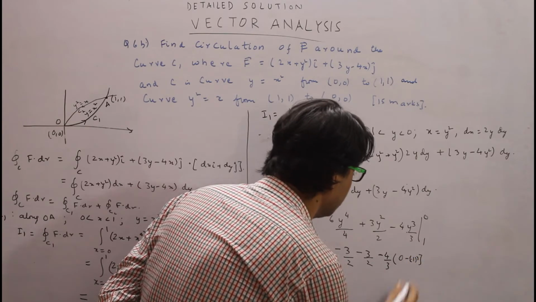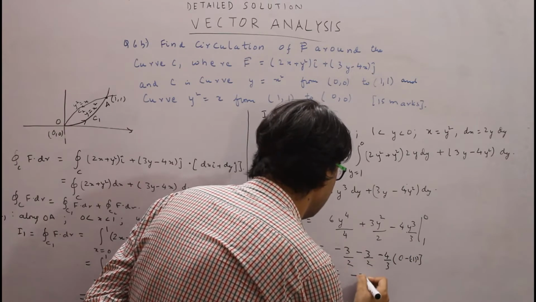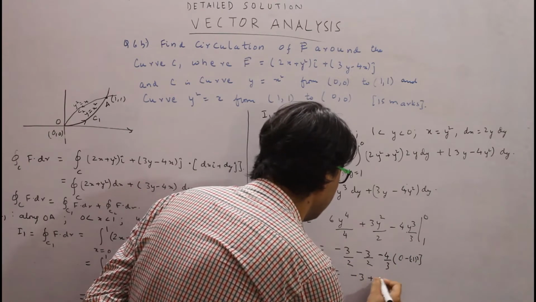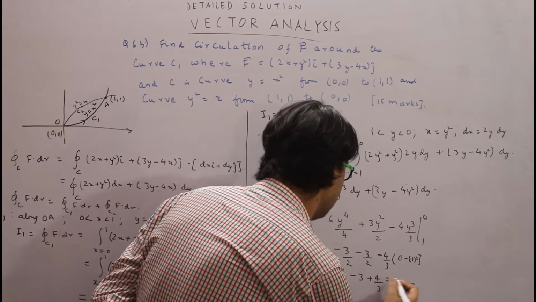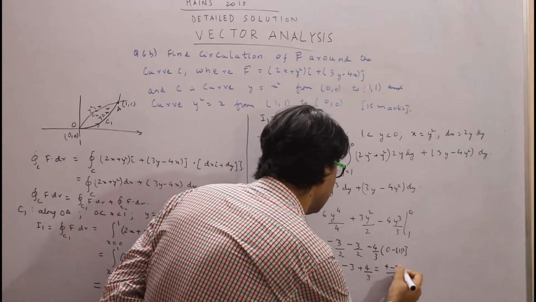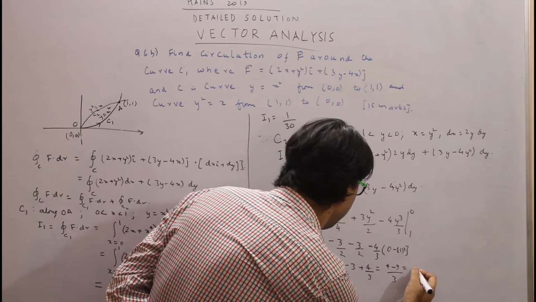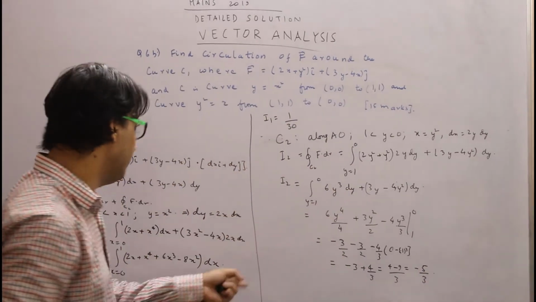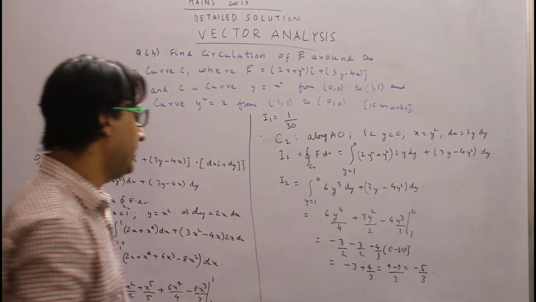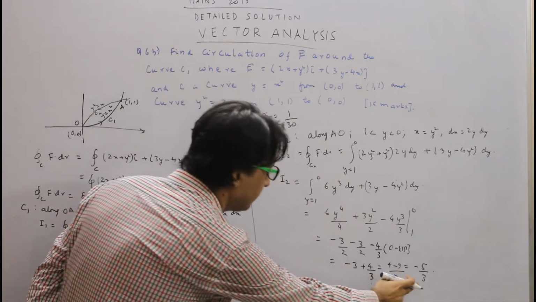So minus, minus becomes plus. So this is how much? Minus 3, and minus, minus becomes plus. So we can write this as 3, and this is 4 minus 9, so this is our how much? Minus 5 by 3. Alright, so we have got our I1 and I2. So I2 is minus 5 by 3.